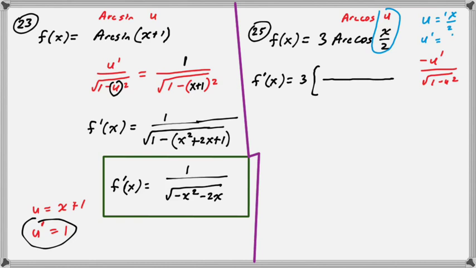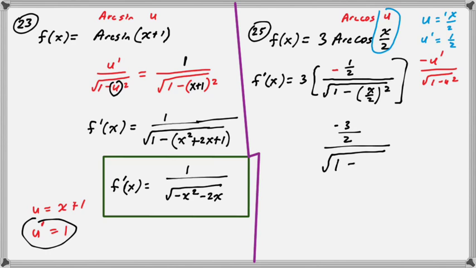So what's u prime? 1/2. So I would have a negative, because negative is part of the formula. I would have u prime, which is 1/2, over radical 1 minus u squared. And u is x over 2. So at this point, I think I have a negative 3/2 on top, a radical 1 minus x squared over 4.